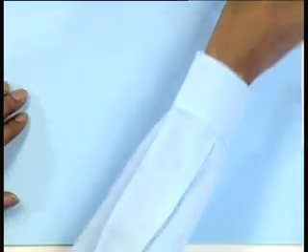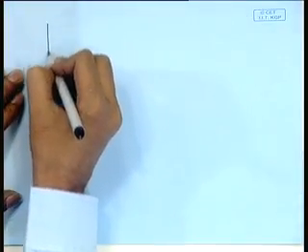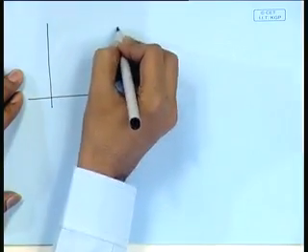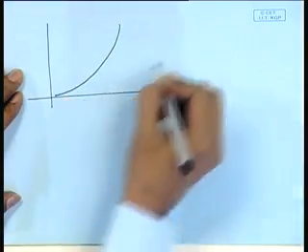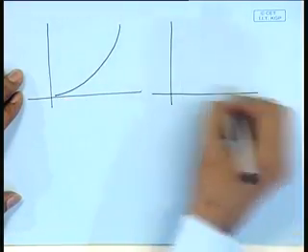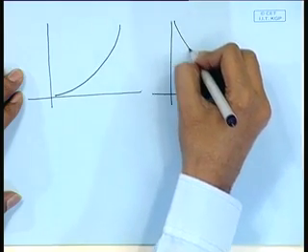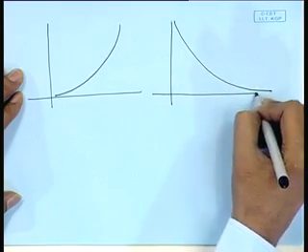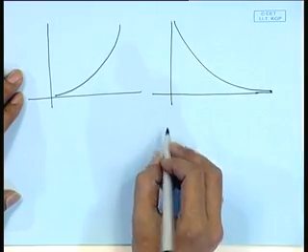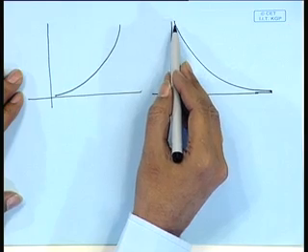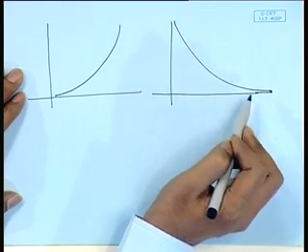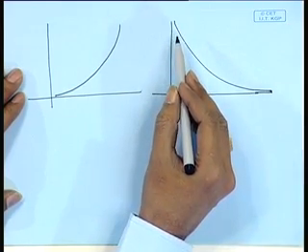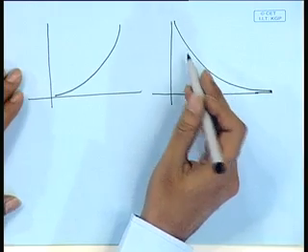You may also have curves of this nature, that means totally increasing or totally decreasing kind of thing. For example, this shows the frequency distribution of the families with certain incomes.